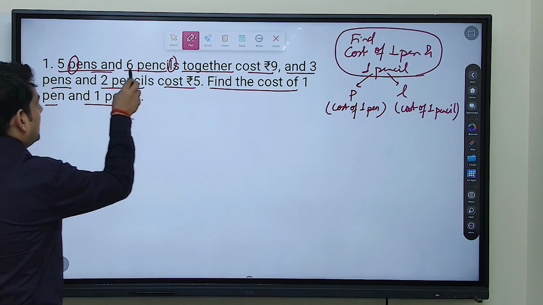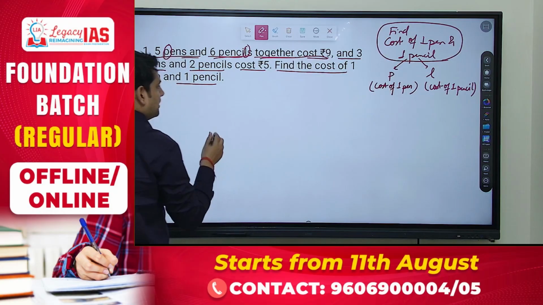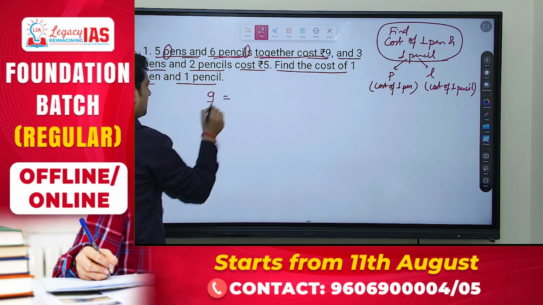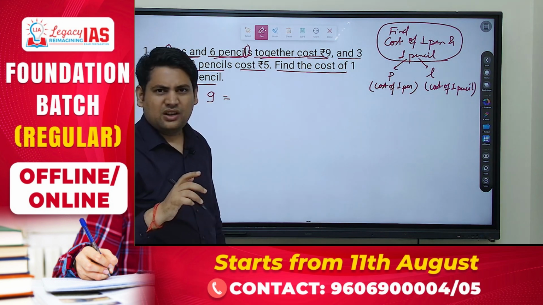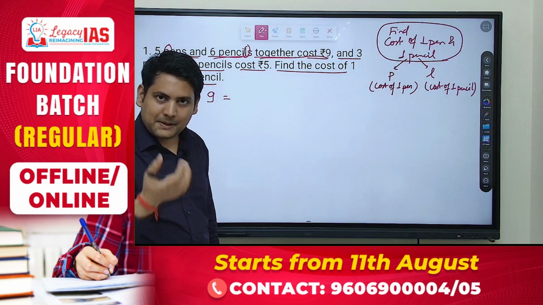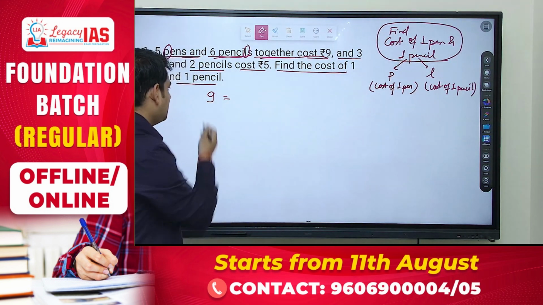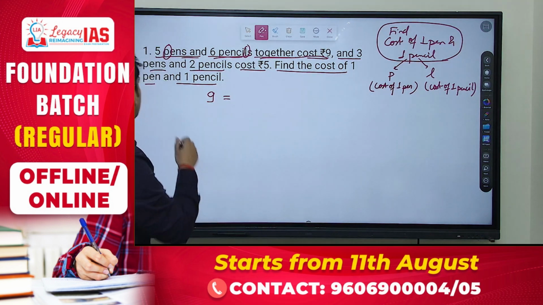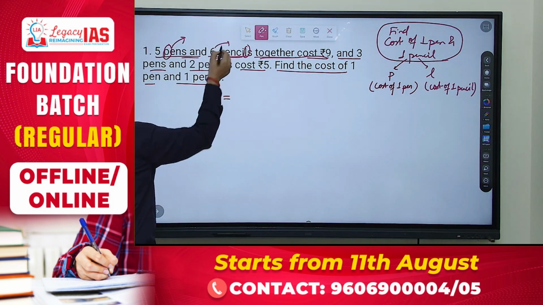Now, 5 pens and 6 pencils together cost 9 rupees. So this 9 rupees is distributed among what? It is spent on buying pens and buying pencils. Now it says 5 pens and 6 pencils.